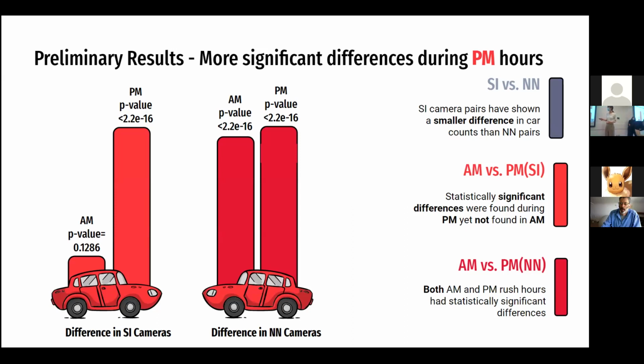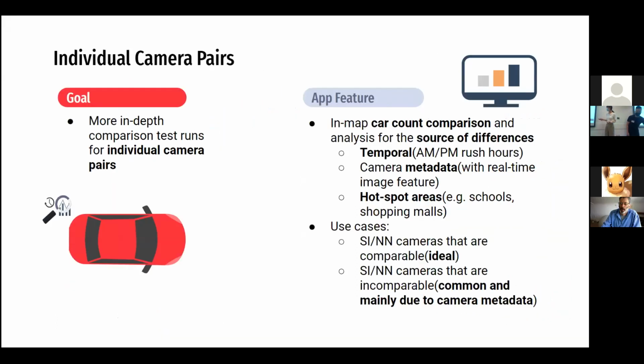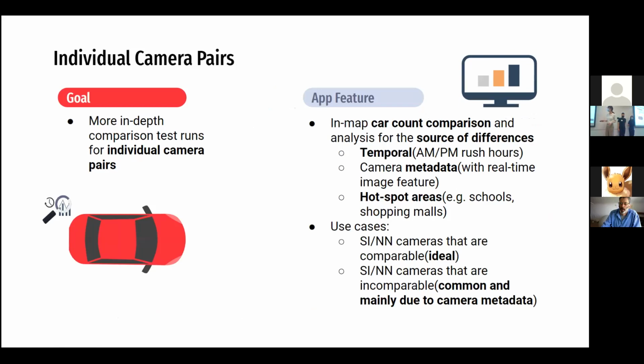And also there's a temporal pattern found, being that PM rush hours have shown more significant differences compared to AM rush hours. Even though, for nearest neighbor cameras, both AM and PM have shown significant differences between the cameras. And that was a more general result.